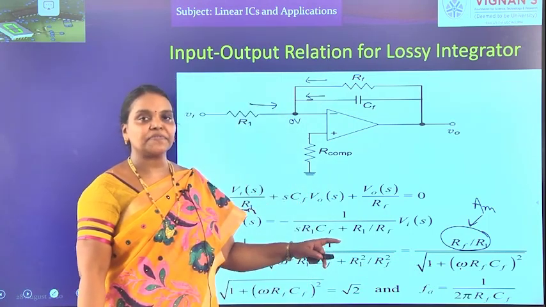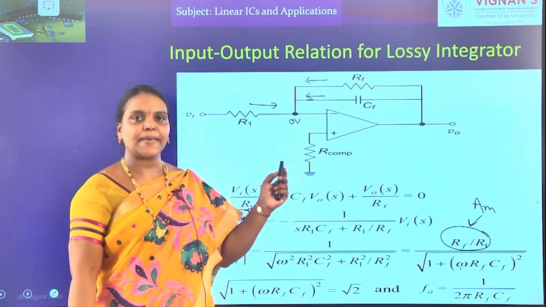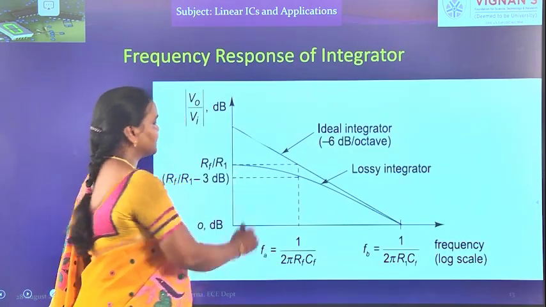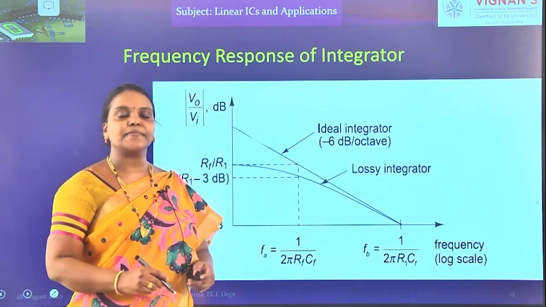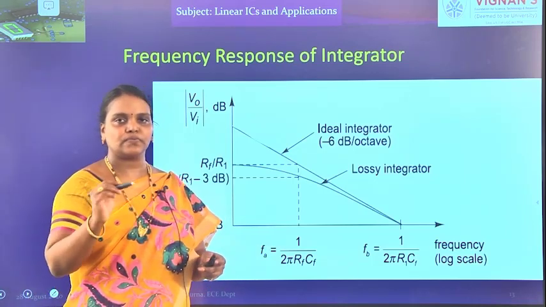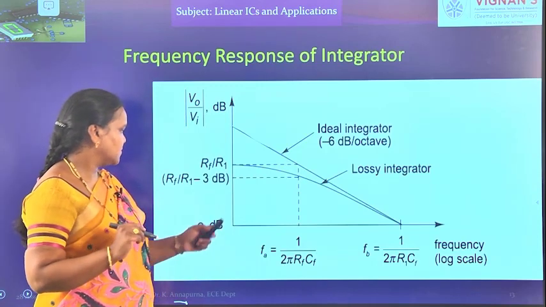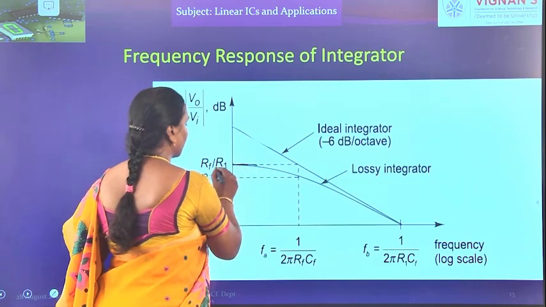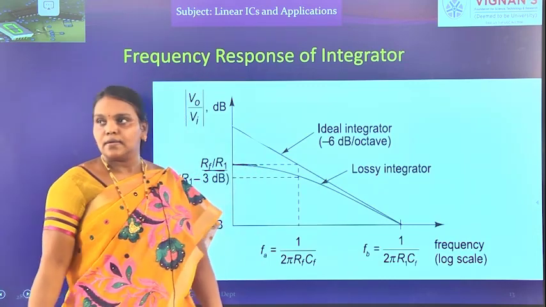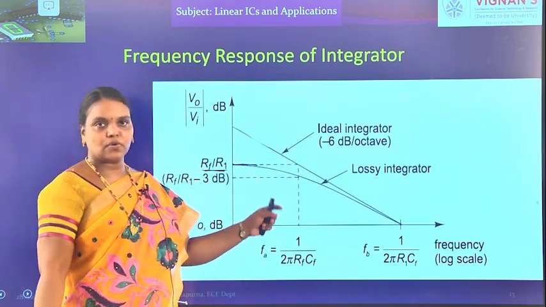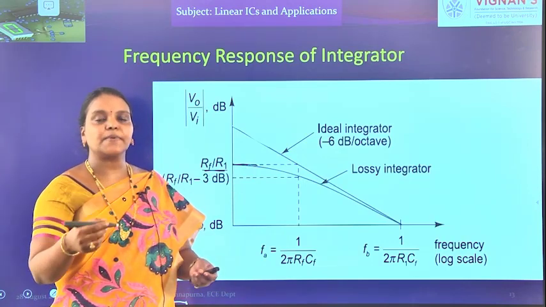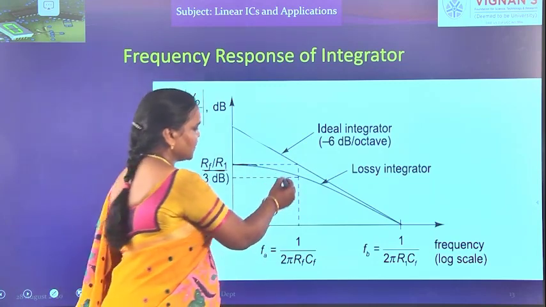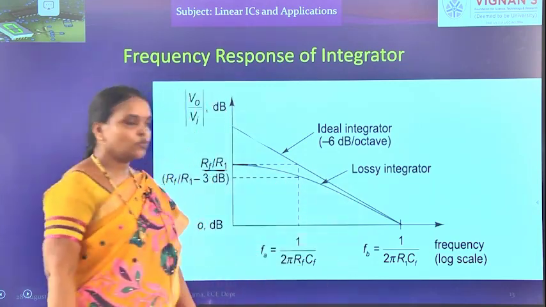So, at this cutoff frequency the gain is 1 by root 2 times the maximum gain, which is nothing but 3 decibels down from the maximum gain. So, it is starting at Rf by R1 and 3 decibels down. Okay. And it is decreasing with respect to frequency.